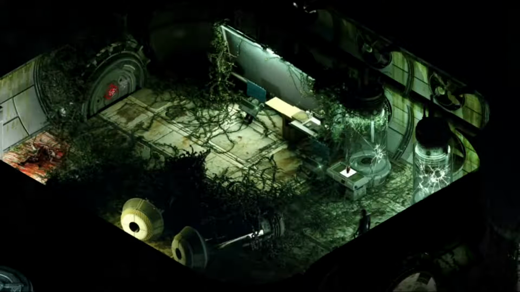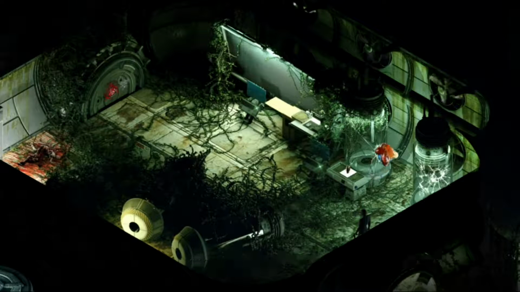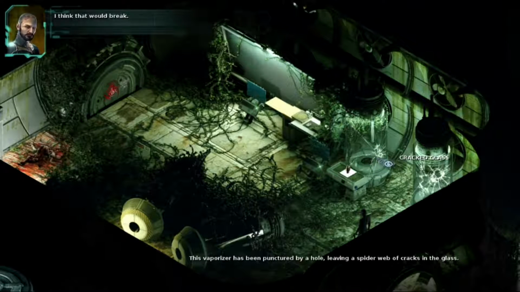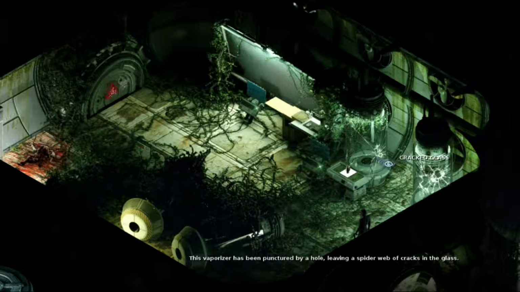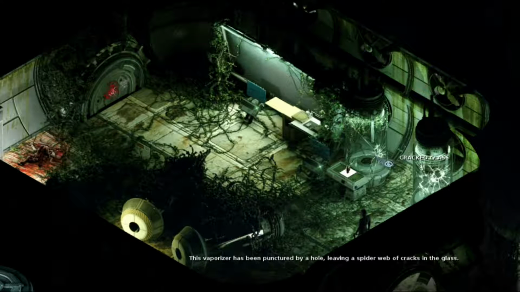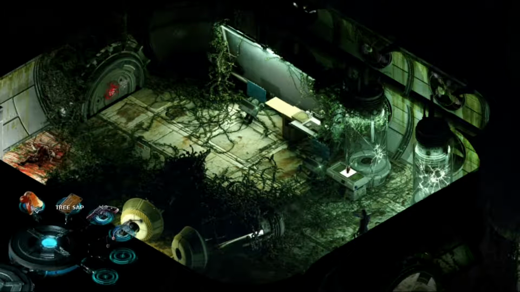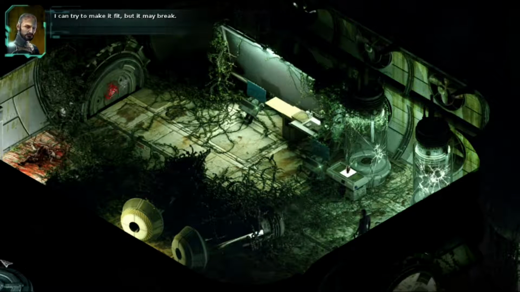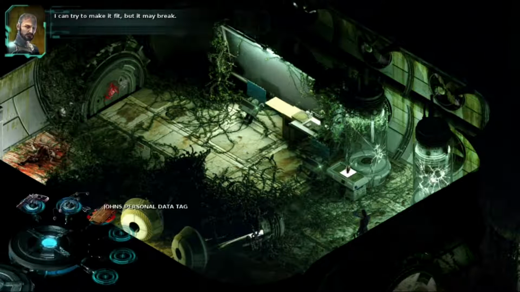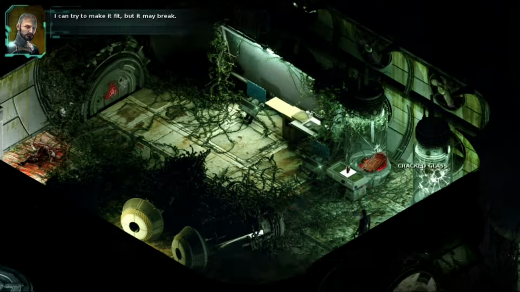So maybe with this we can seal the crystal here. I think that would break. So I don't know. That was my idea. I can try to make it fit, but it may break. Oh yeah, this is it.